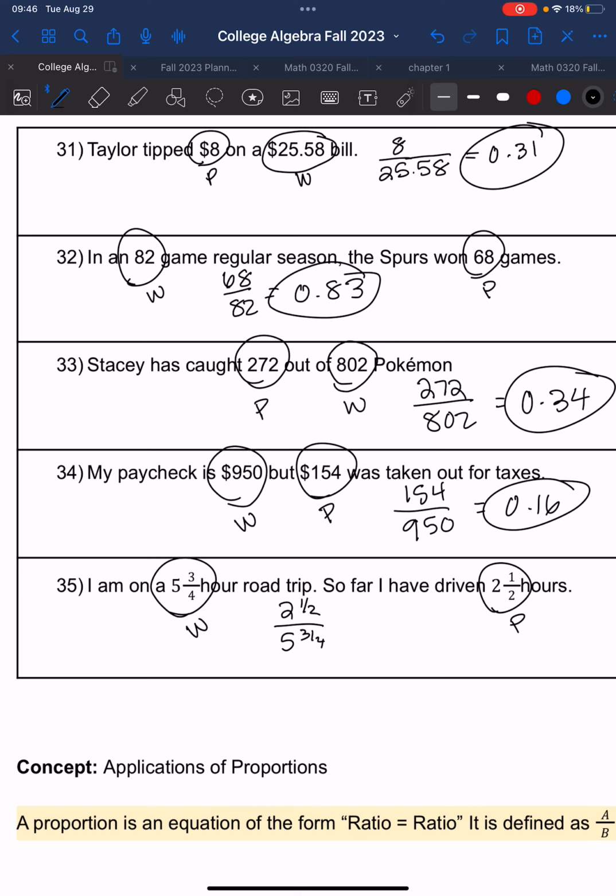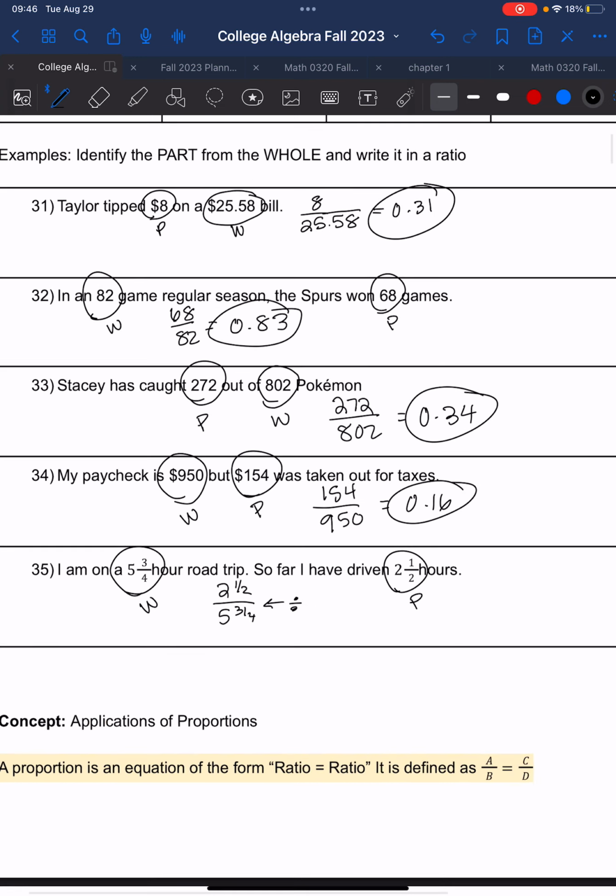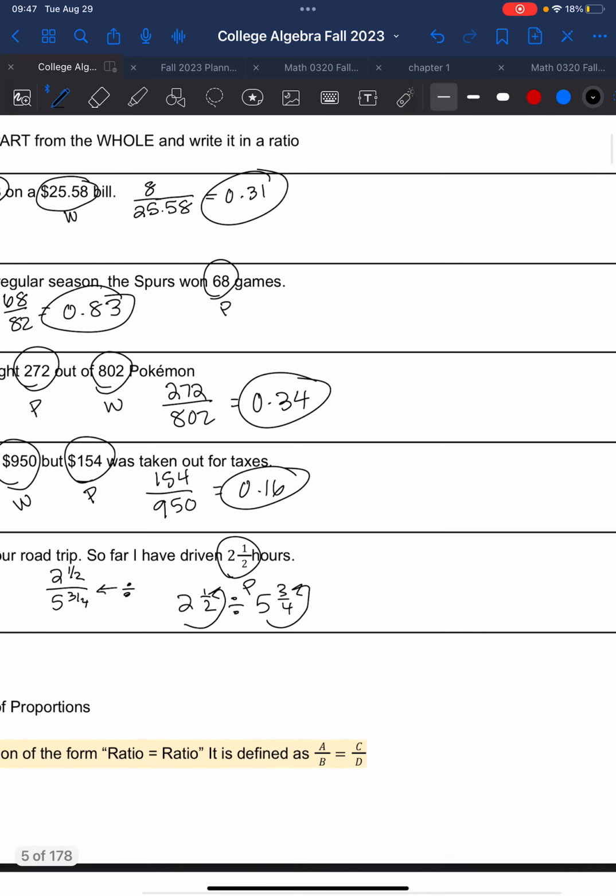Notice that the fraction bar when I write this can be written as a division sign. So what it wants us to do here is take these two fractions and divide them. So I have 2 1/2 divided by 5 3/4. First, we have to turn them into improper fractions. So I get 5/2 divided by 23/4.